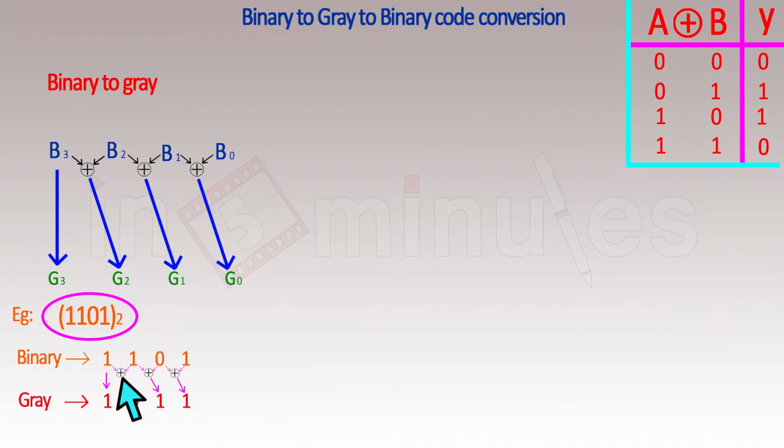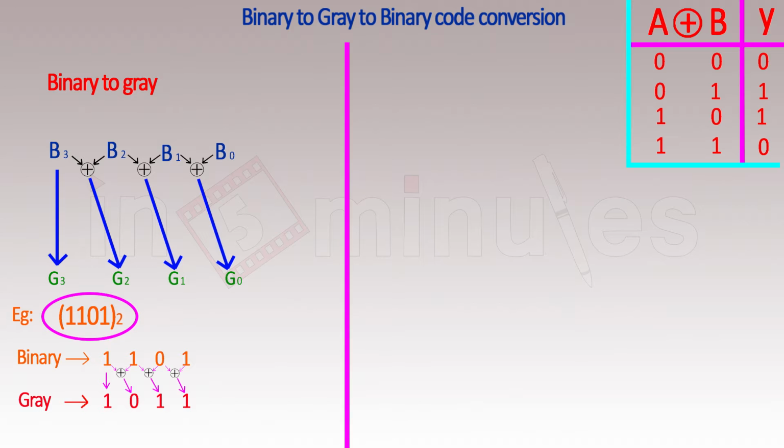The second bit is the XOR operation between these two. So 1 XOR with 1, both the inputs are the same, so the output will be 0. Then 1 XOR with 0, output will be 1. 0 XOR with 1, output will be 1. This is going to be the gray code and this is your binary code.